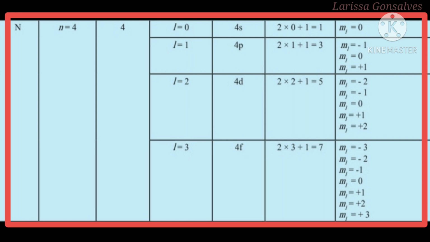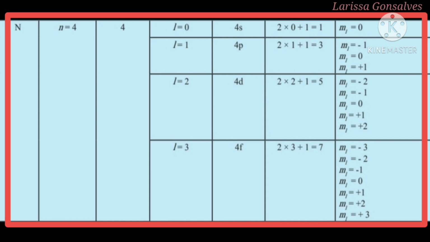After using the formula 2L plus 1, when azimuthal quantum number is equal to 0, we get the value as equal to 1. So, the magnetic quantum number M will be equal to 0. When L is equal to 1, the answer we get is equal to 3. So, we need to have 3 values of magnetic quantum numbers, which are -1, 0 and +1. For L is equal to 2, the answer comes to 5.